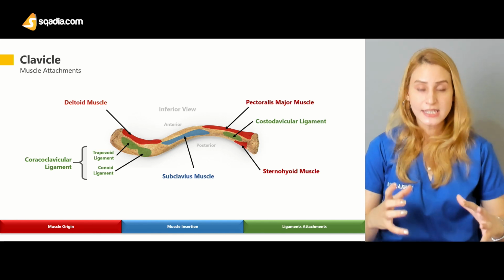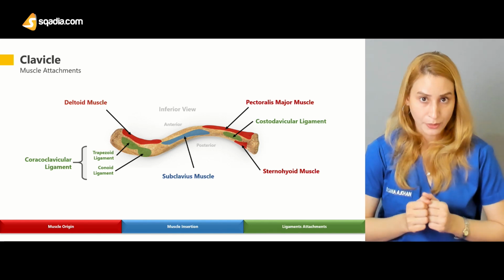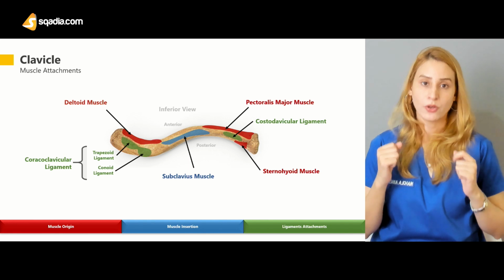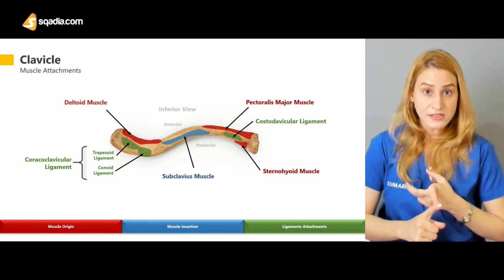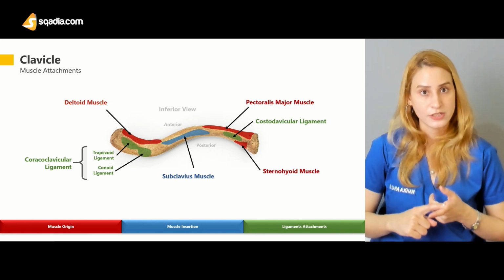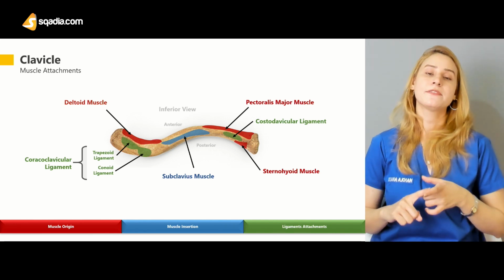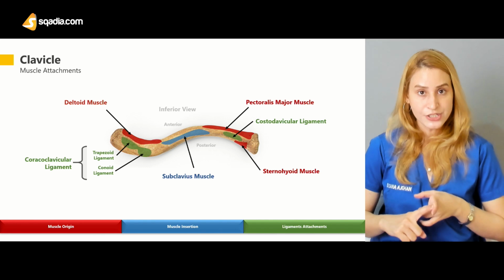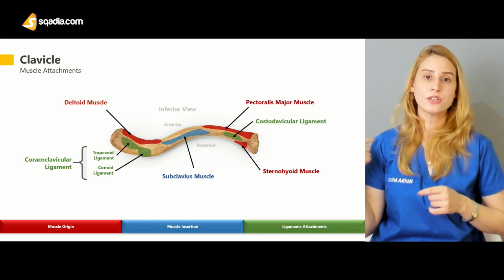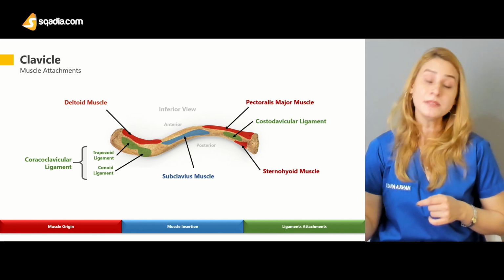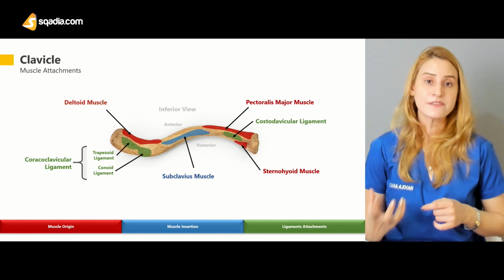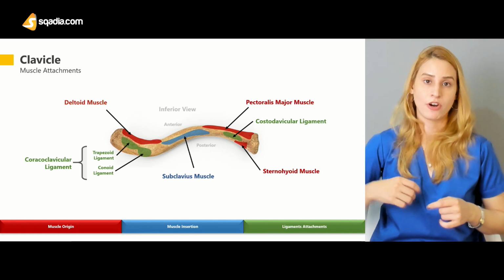So that's why the clavicle is a very important bone, because it has the origin and insertion of different muscles. Like we talked about the pectoralis major muscle, which is a muscle of the chest wall. Then you have the deltoid originating from the lateral part of the clavicle, or you can say the acromion end of the clavicle, and it is responsible for the abduction of the arm, right?